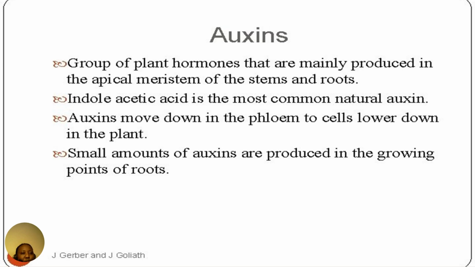The plant is no longer growing. And a lot of students get confused because they know that auxins promote growth. But if the amount is too large, the plant won't grow, because too much auxin inhibits growth.